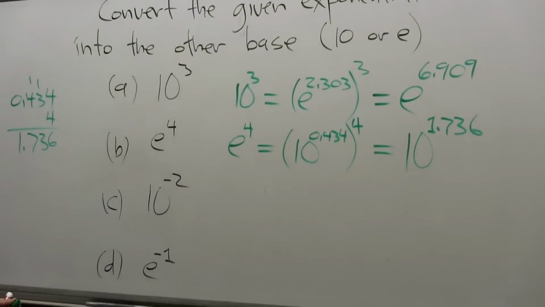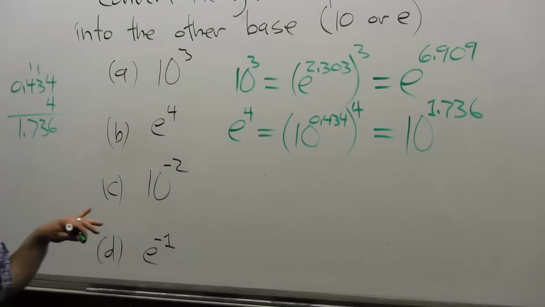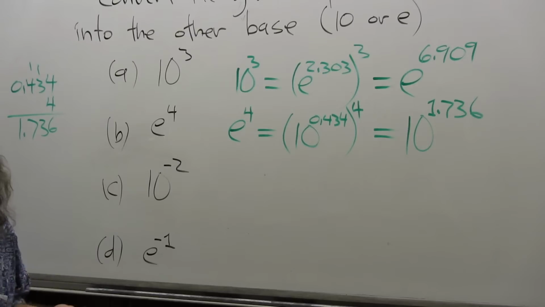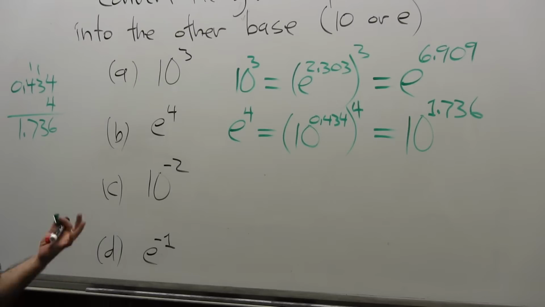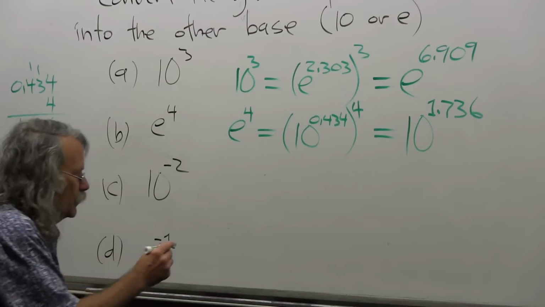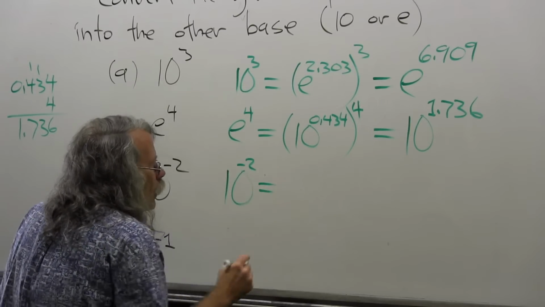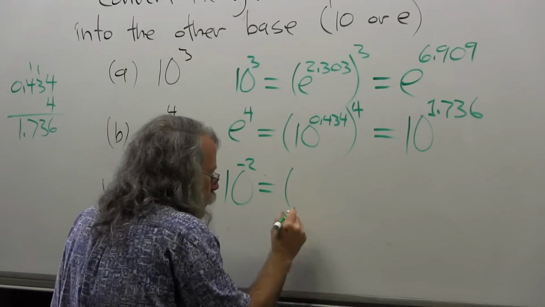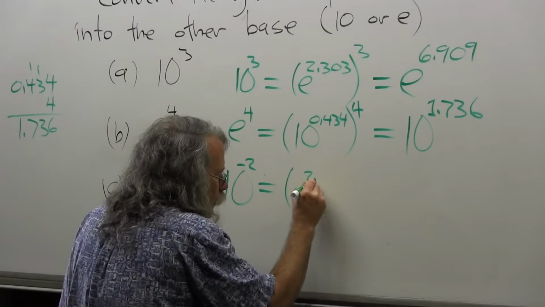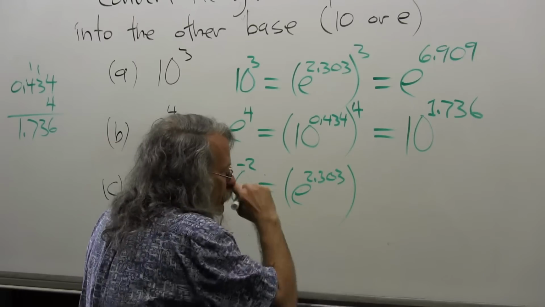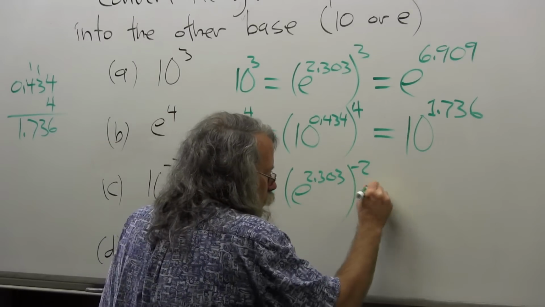Now, the third one, number C, is 10 to the negative 2. It doesn't matter whether it's positive or negative. The same thing as far as when to add and when to multiply is going to be true. So this is going to be true for all numbers. I start with a number I'm given, 10 raised to the minus 2, and I substitute in e, the base e to the 2.303, this time raised to the minus 2.